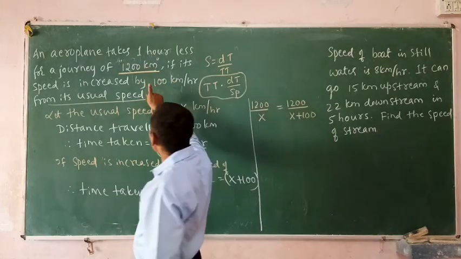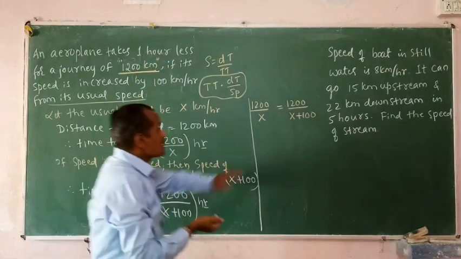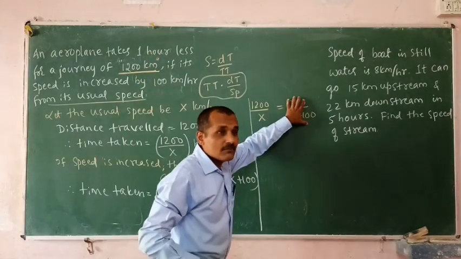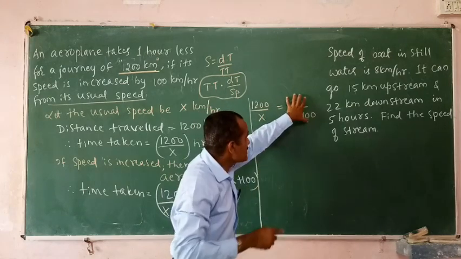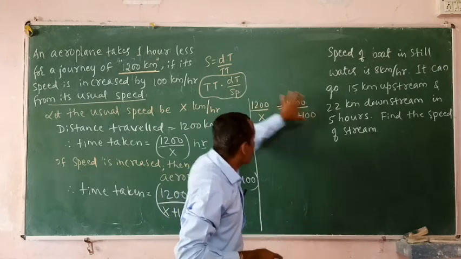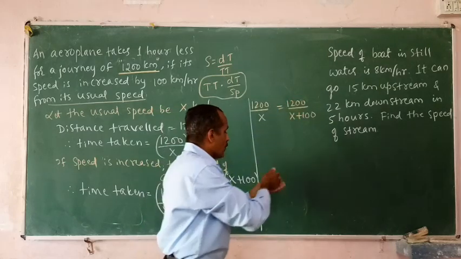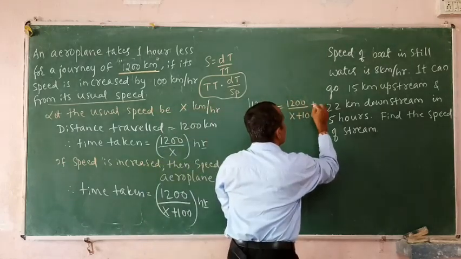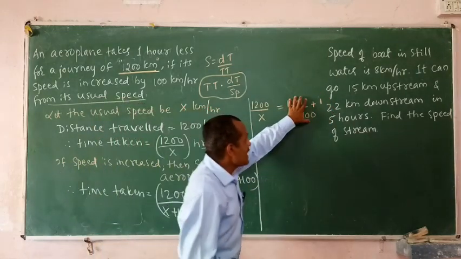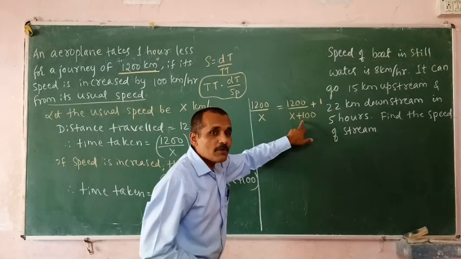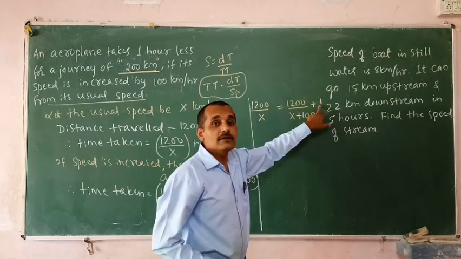Why? When the speed is more, it is taking 1 hour less. This is taking 1 hour less compared to this. This is taking 1 hour less, means here I have to add 1. Where there is less, see, speed is more, time is less. Since time is less, add 1 here.